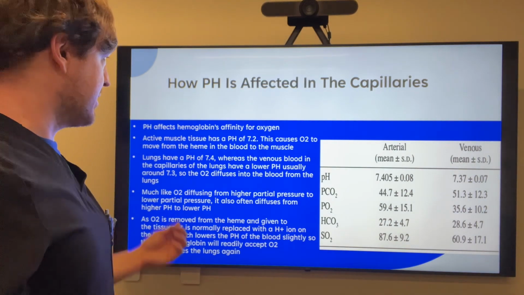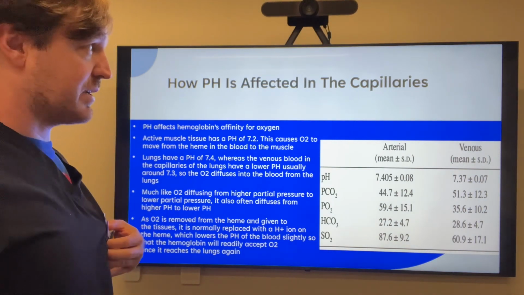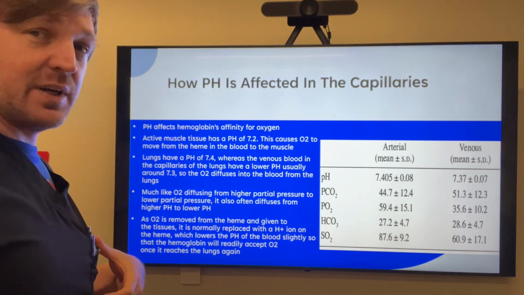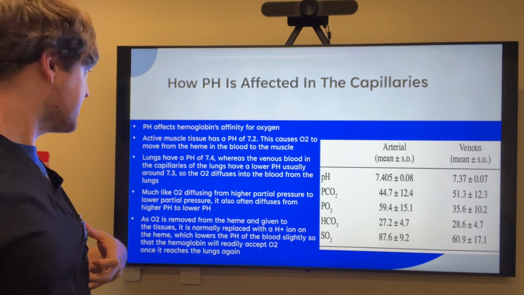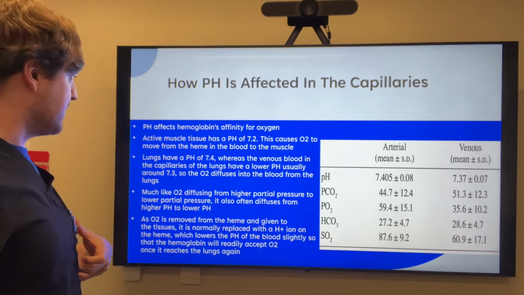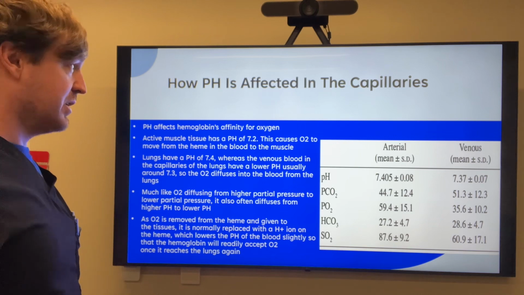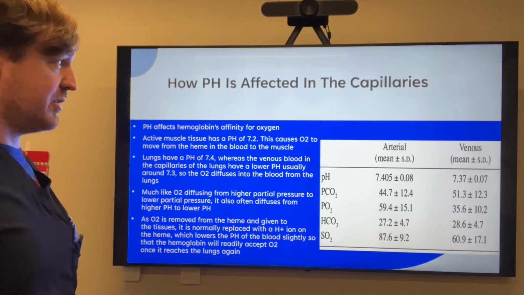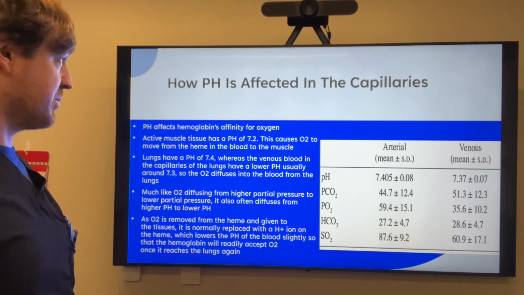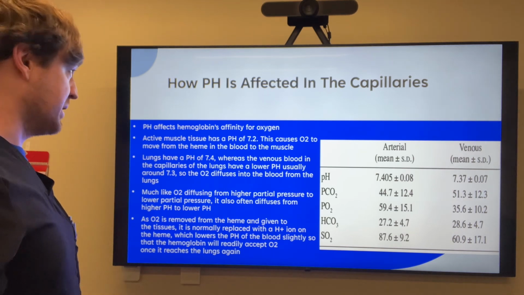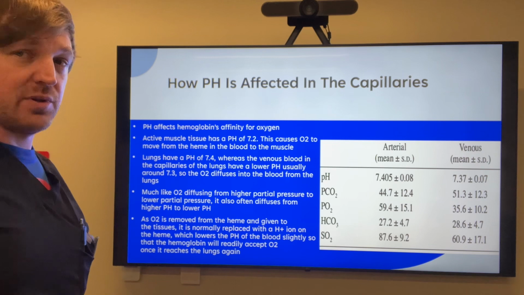And then, like we said earlier, pH can also affect everything as well. So it affects the hemoglobin's affinity for oxygen. Active muscle tissue has about a pH of 7.2, which causes O2 to move from the heme into the muscle, because it goes from that higher pH to a lower pH.